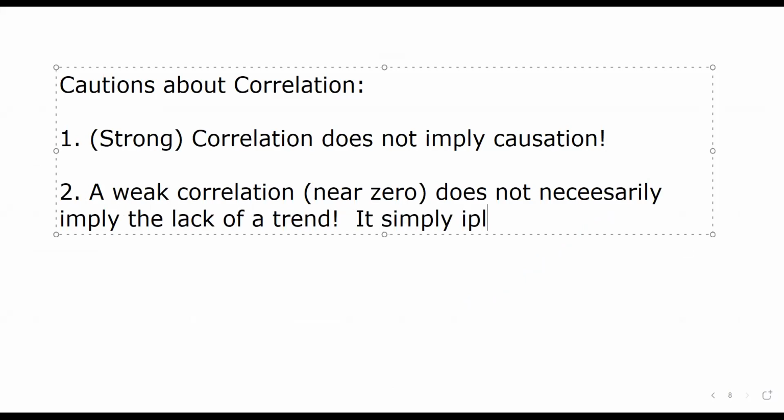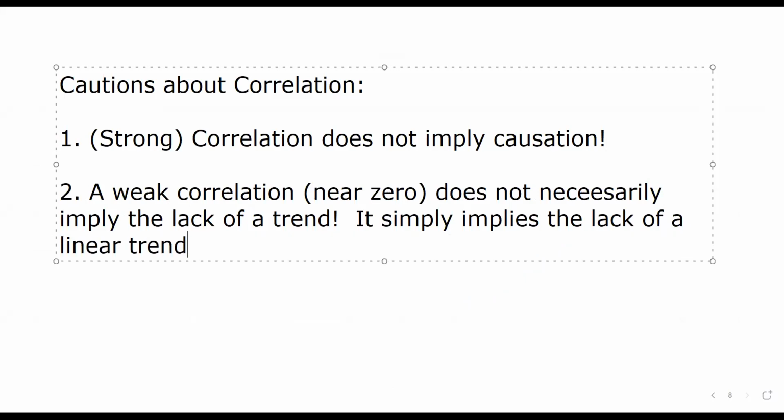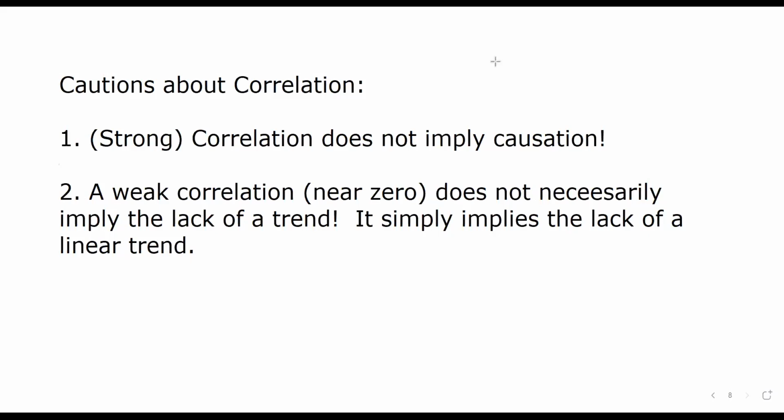It simply implies the lack of a linear trend. I'm going to highlight the word linear because that's the key word there. There can be a clear trend. It might not just be a line.